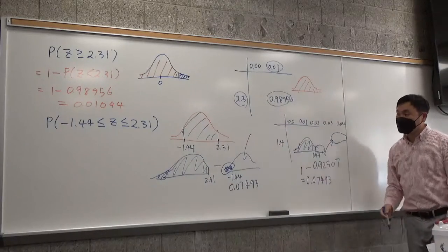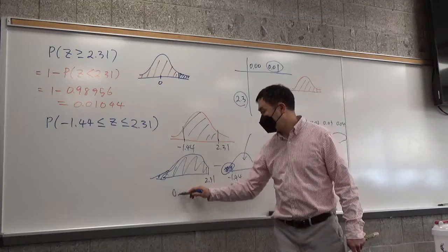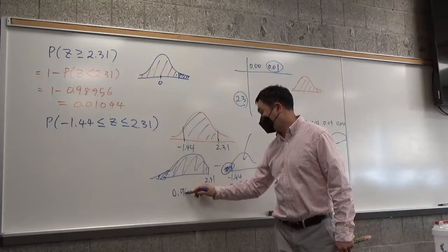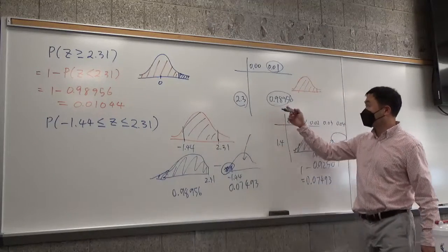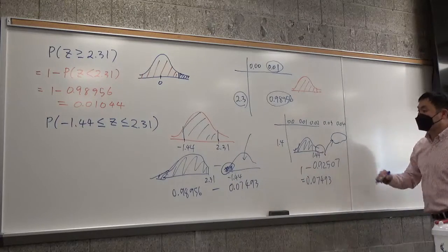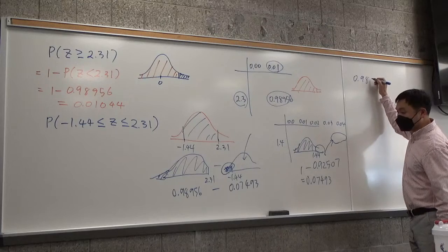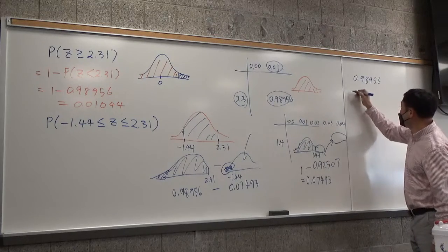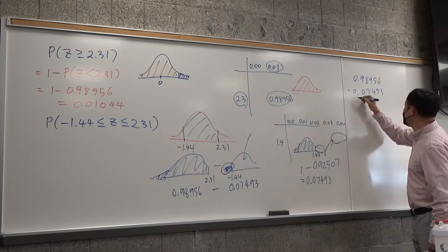That will be the shaded area that we want. And this is 0.98956 from the previous question, and you subtract the other one. Okay. So let me copy it here. 0.98956 minus 0.07493.